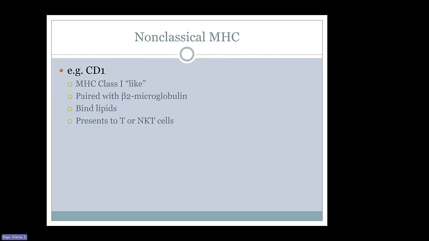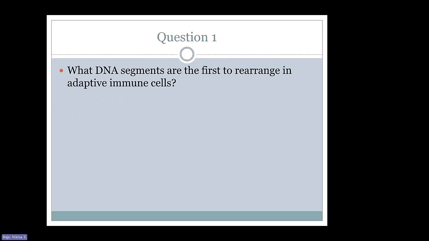Protein antigens are what class 1 and class 2 MHC present to T cells. But CD1 can bind to lipids, and they can present that to T or NK T cells. And so that's more of the non-classical MHC. All right, that's the last slide.